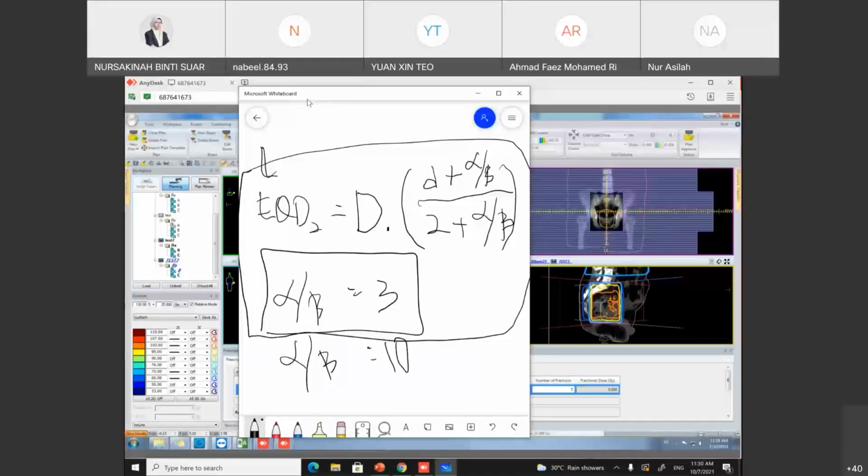Another example is the parotid gland. Do you know what the parotid gland is? The gland that produces our saliva. The mean dose of both parotid glands is 26 gray. In a head and neck plan, we have to achieve this 26 gray for both parotid glands. Somehow it's quite difficult to achieve this criterion.